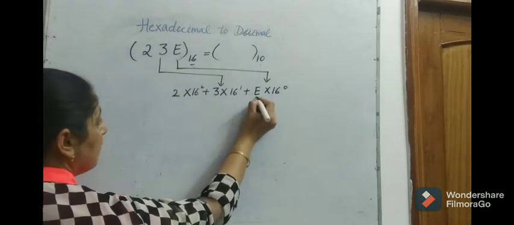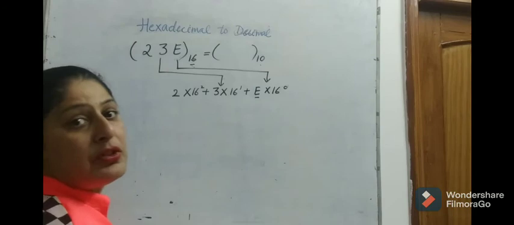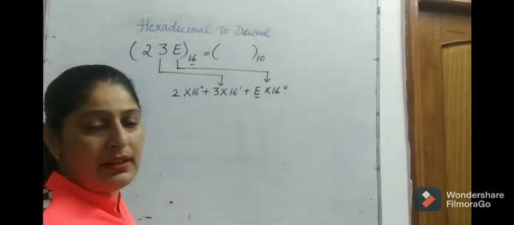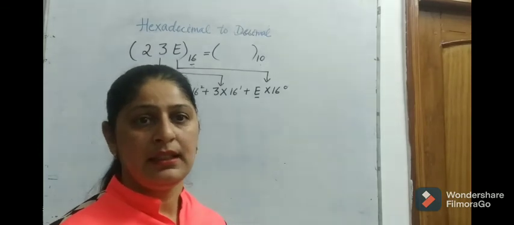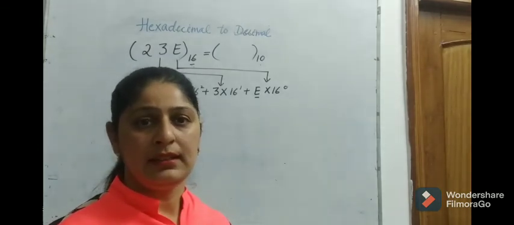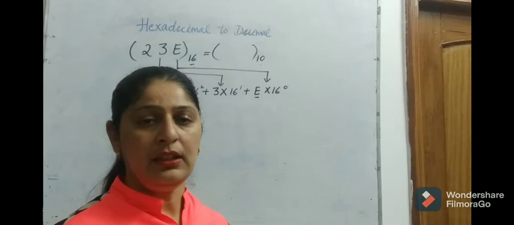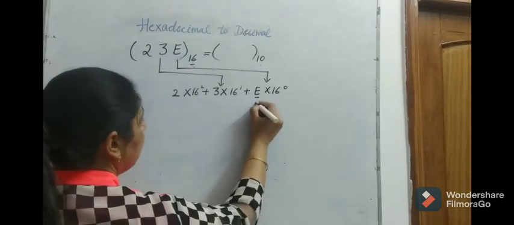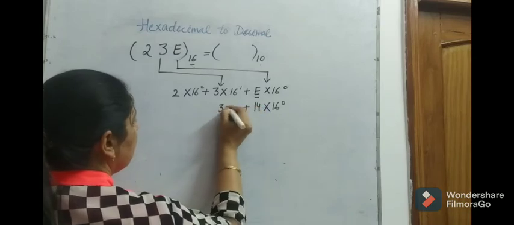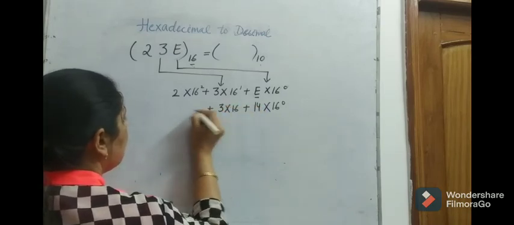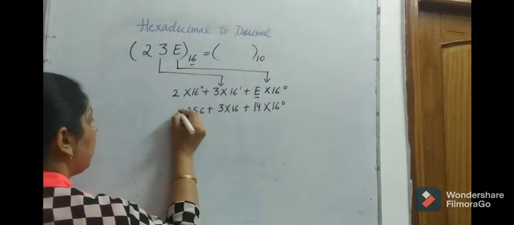Now what is E? E is 14. A is 10, B 11, C 12, D 13 and E 14. So 14 multiplied with 16 to the power 0, plus 3 into 16, plus 256 into 2.